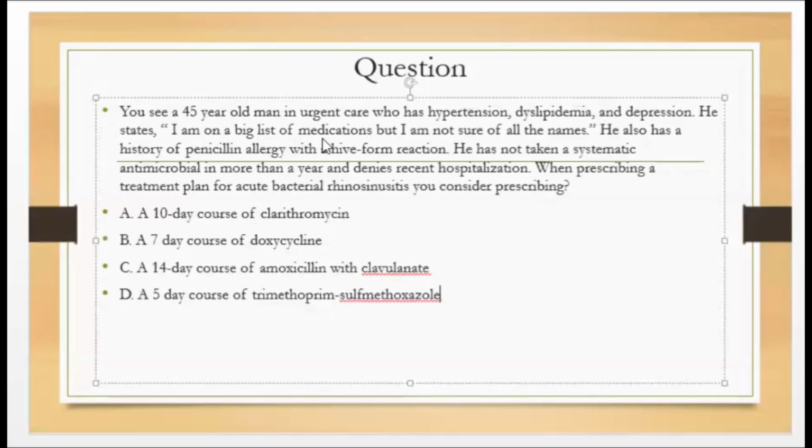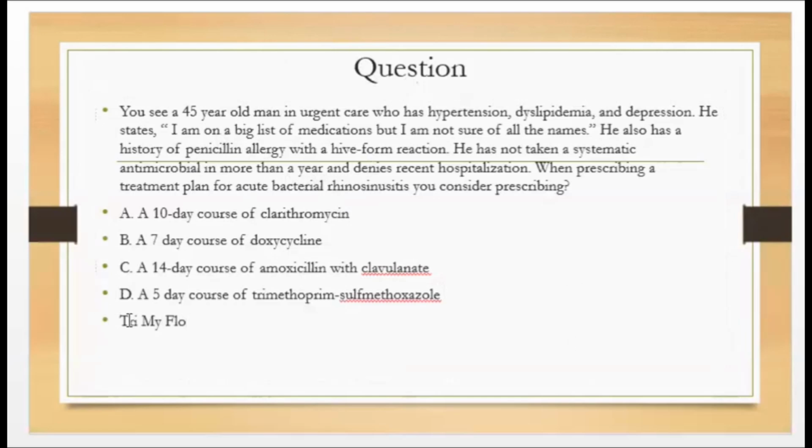So what for somebody that is allergic to penicillin? That is just the buzzword here. Patient allergic to penicillin, what do you give? You just do what we call TMF. Try is your tetracycline. You can give them tetracycline, which is doxycycline.